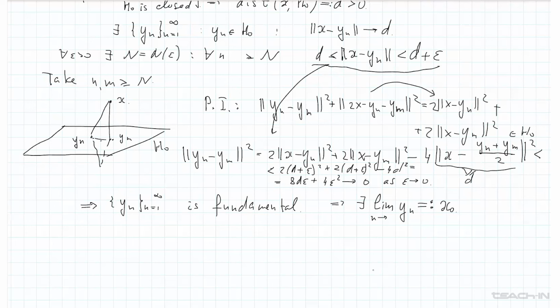How can we show that it is unique? Of course, the sequence Yn such that this difference tends to d is not unique.